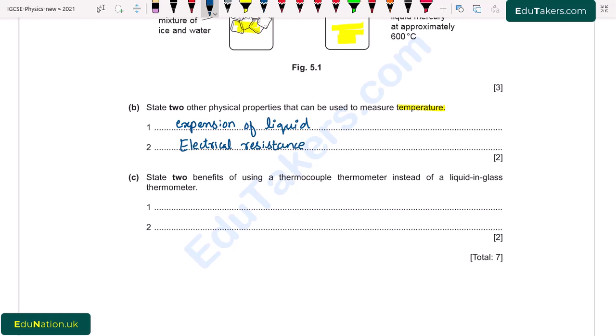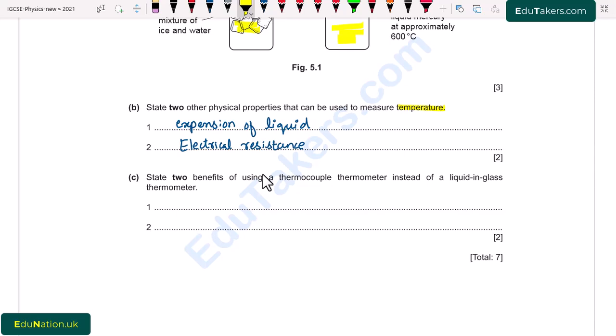Part C. State 2 benefits of using a thermocouple thermometer instead of a liquid in glass thermometer. So we have to describe the benefits of why we use the thermocouple thermometer and don't prefer to use the liquid in glass thermometer.